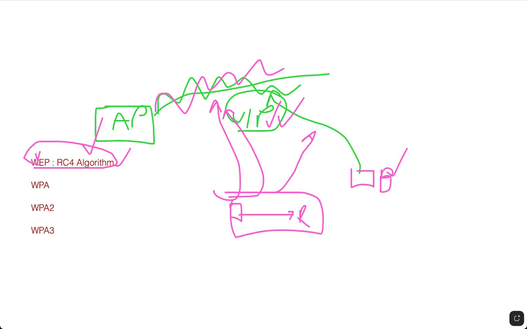So they moved to WPA. In WPA, they used a better algorithm, which is TKIP. The TKIP algorithm is better than RC4, with better encryption. They increased the security with another algorithm with 256 bits.